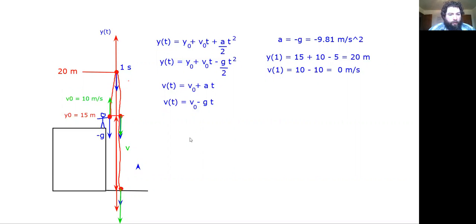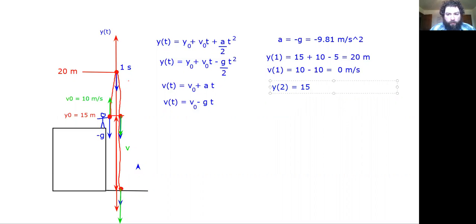Okay, so we can go on to 2 and see where it is at 2 seconds. Okay, so y of 2. Same equation here.